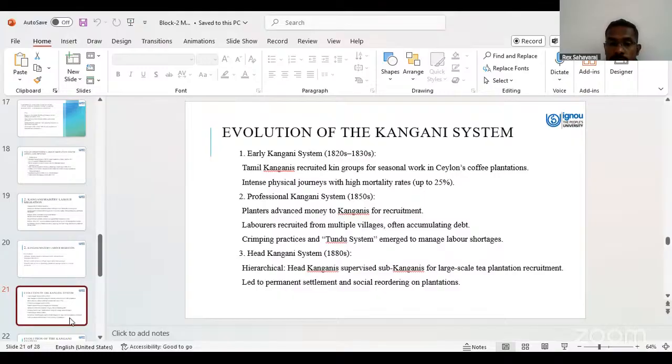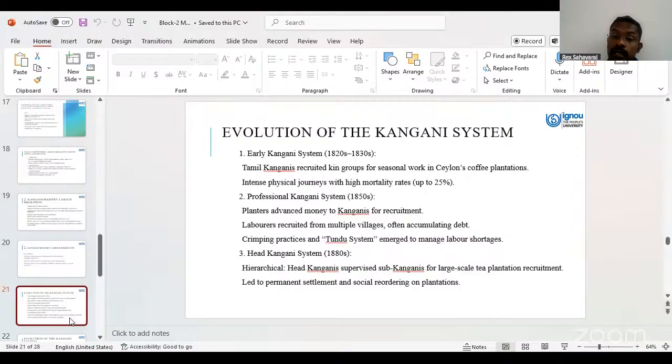And you have seen the crimping practices, like the Tundu system, emerged to manage labor shortage. So they will take people across in the family itself. The head Kangani system: the hierarchical head Kangani supervised sub-Kanganis for large-scale tea plantation recruitment, which led to permanent settlement and social reordering on plantations. So this is very informal as well as able to recruit more people.